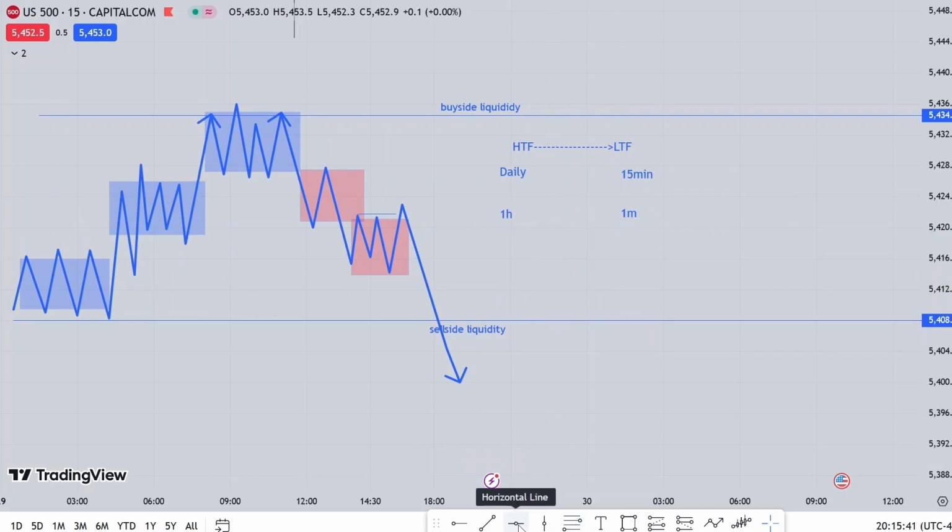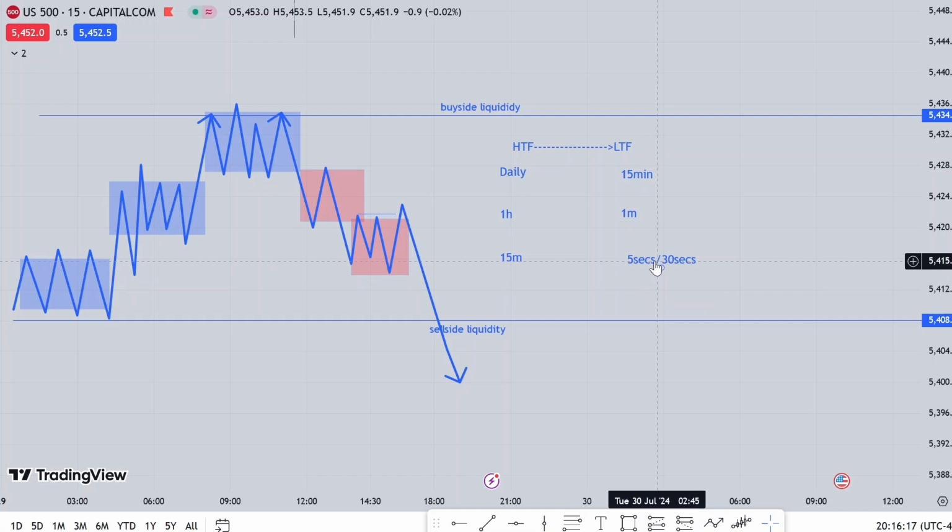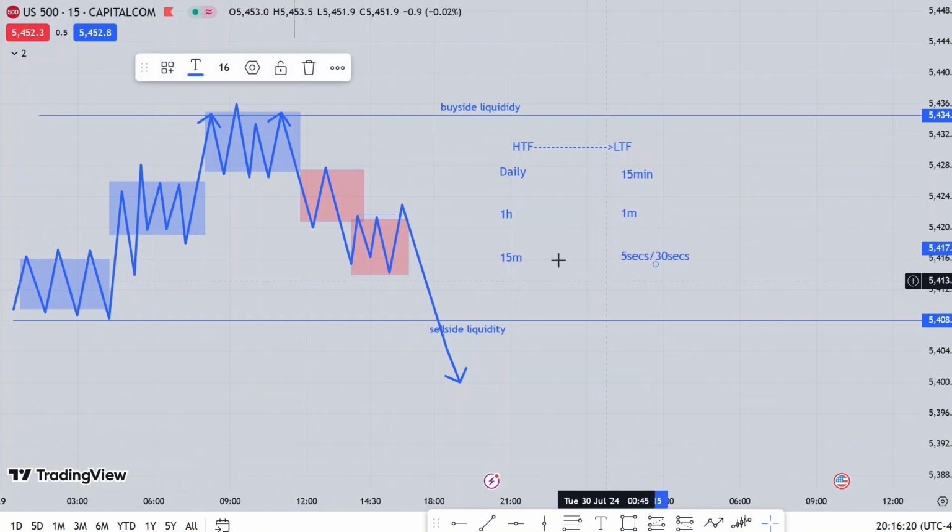And when you're using the 15 minutes as your higher time frame, the 30 seconds and the 5 seconds charts will be your lower time frame. That is the 5 seconds and the 30 seconds. So this is for aggressive scalpers. The second chart is for traders that can make decisions quickly.